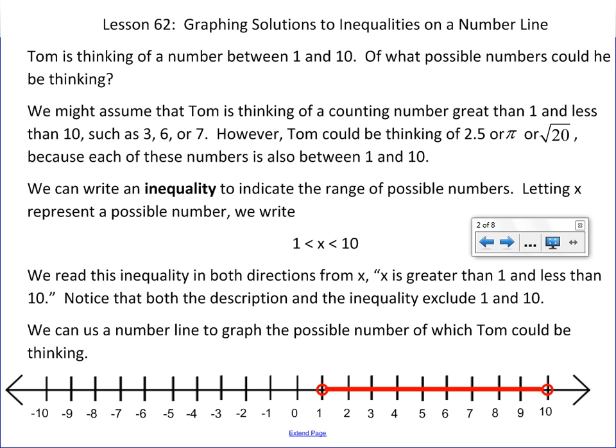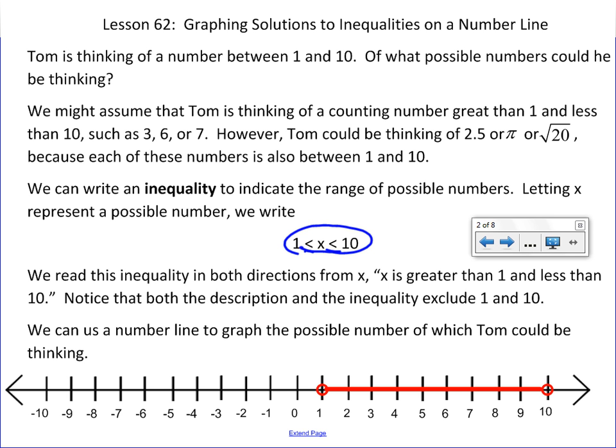Letting x represent a possible number, we write 1 is less than x, which is less than 10. The reason that we say that is because the number that we're talking about has to be greater than this 1, and less than the 10. So it has to fall somewhere between those two.